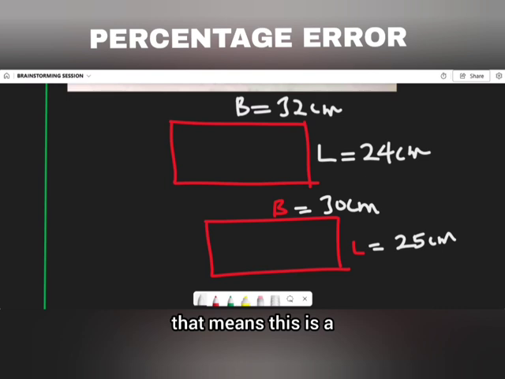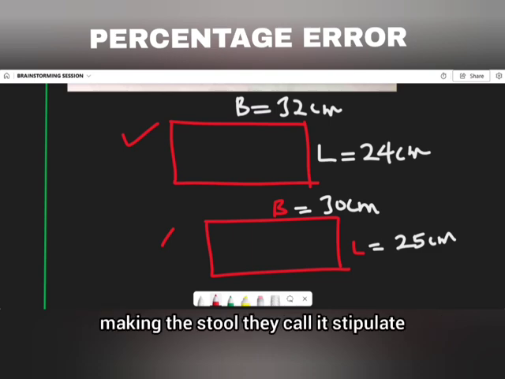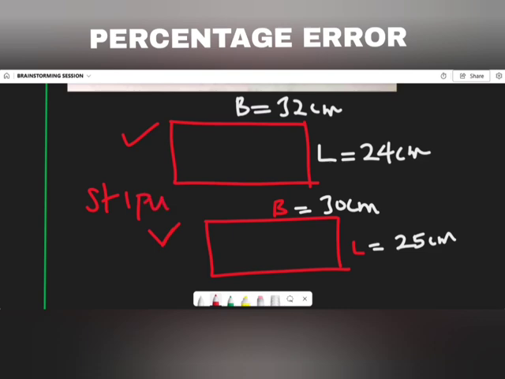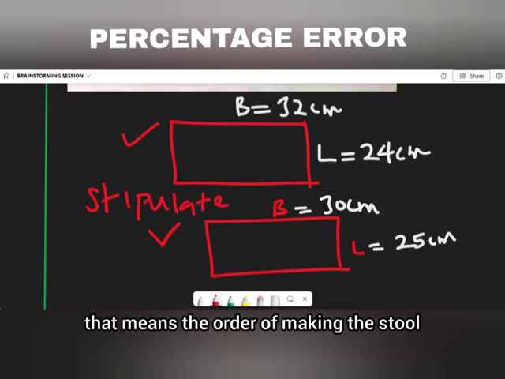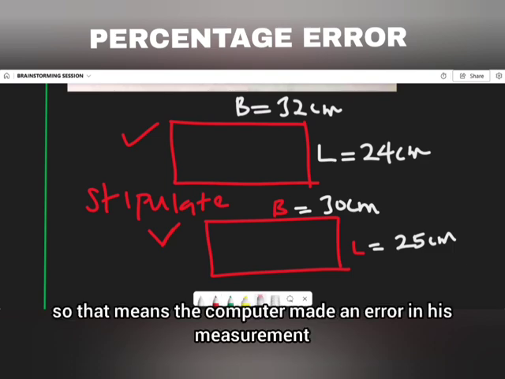Now that means this is the measurement made by the computer, while the measurement got from the order of making the stool, we call it stipulate. That means the order arrangement of making the stool. So that means the computer made an error in his measurement.